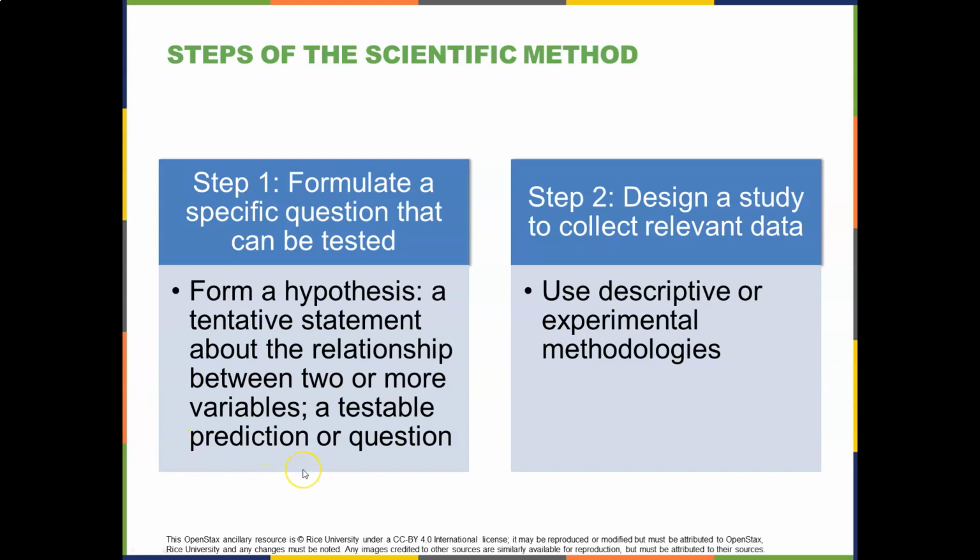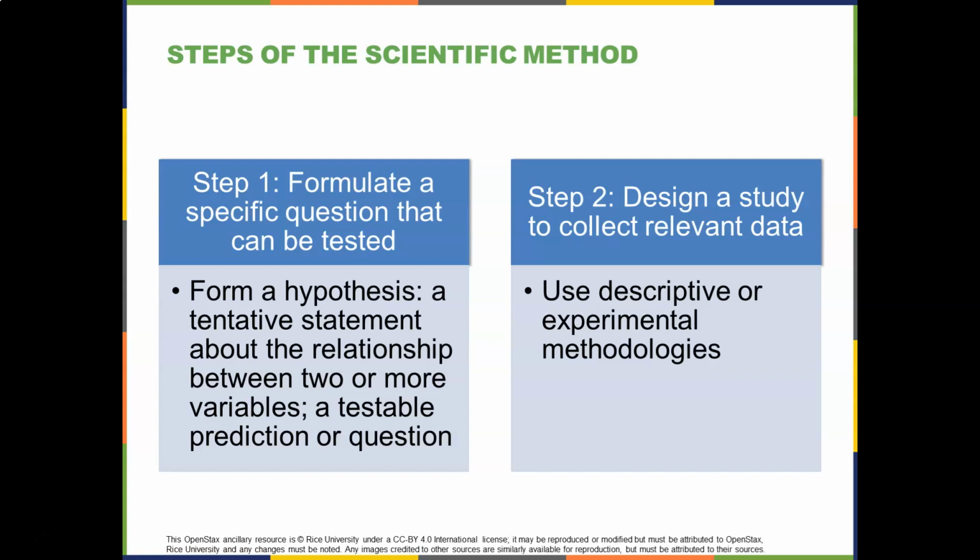And then step 2 right here is the researcher will design a study and collect the data as the researcher proceeds. So take, for instance, just using our simple example, caffeine and sleep.